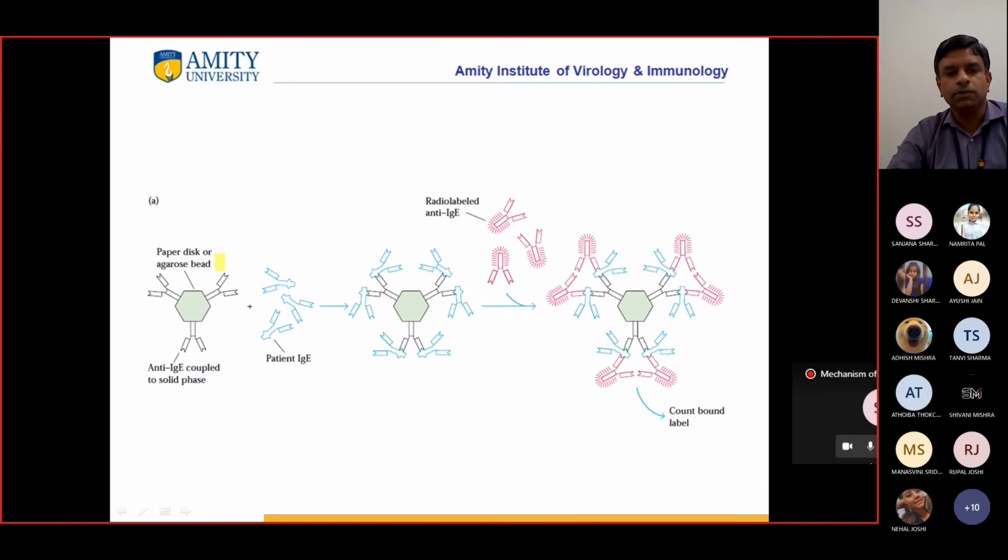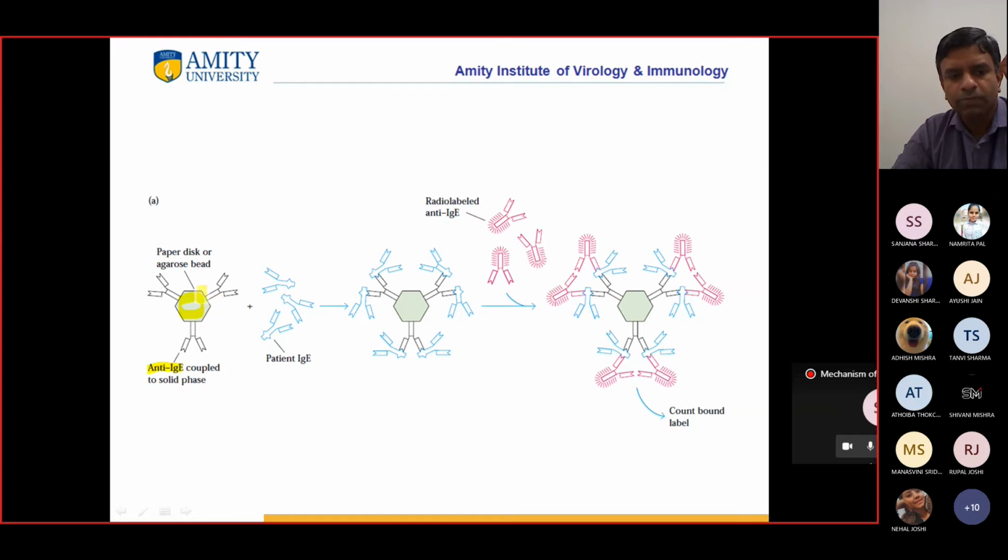So अब इसको यहाँ पे समझो. Okay, so हमने एक bead ली, right? It could be agarose bead, it could be paper bead or anything, right? Just a small bead, right? उस bead पे हम क्या करते हैं? We put anti-IgE.